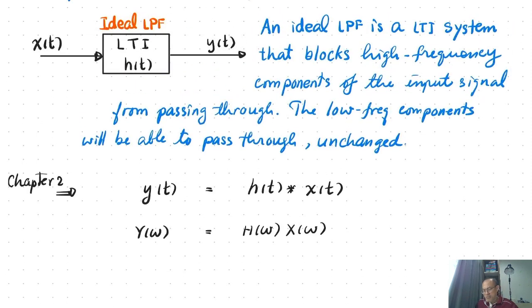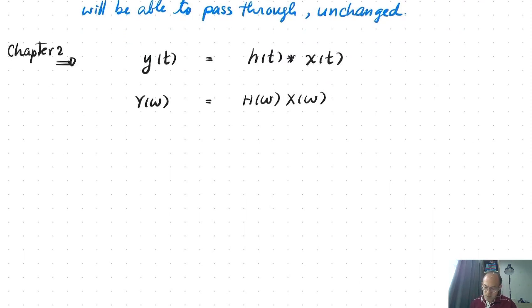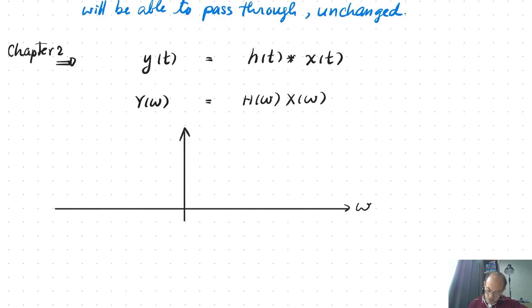Okay, so by the description of the ideal low pass filter, we know that the function H(omega) has to be a rectangular function here.